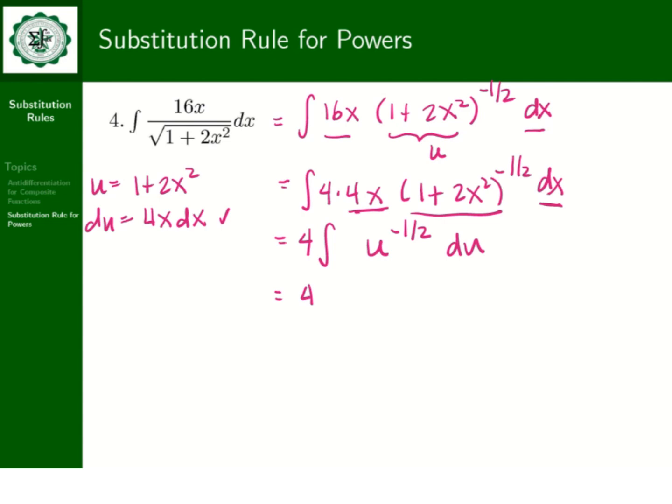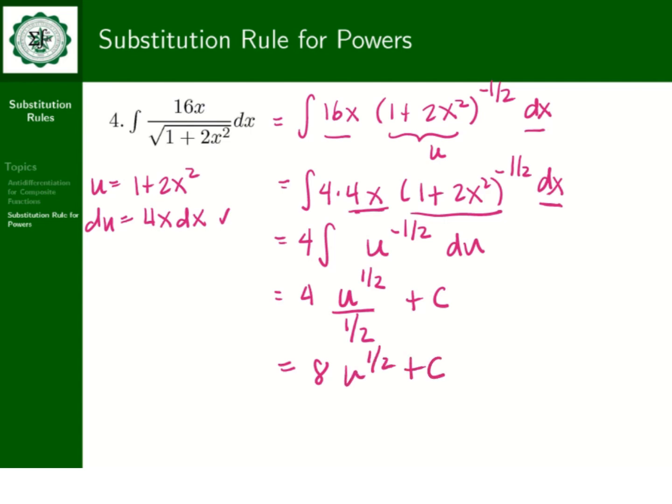Therefore, we can now solve this as 4 times u raised to negative 1 half plus 1, so that would be 1 half over 1 half plus c, and then simplifying, multiplying 4 with the reciprocal of 1 half, so this gives us 8 times u raised to 1 half plus c.